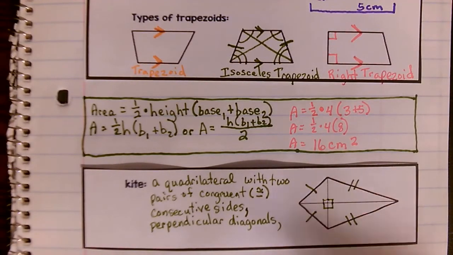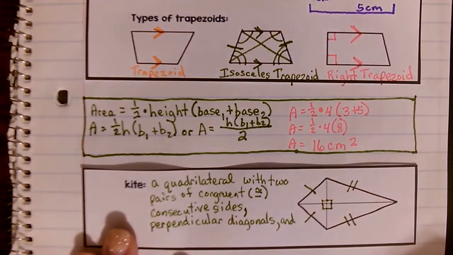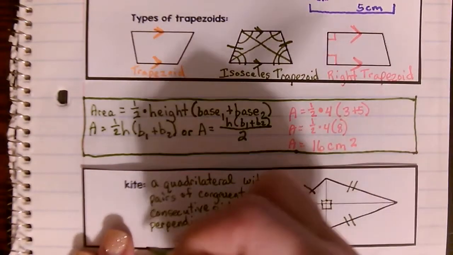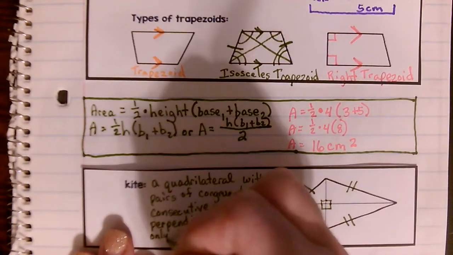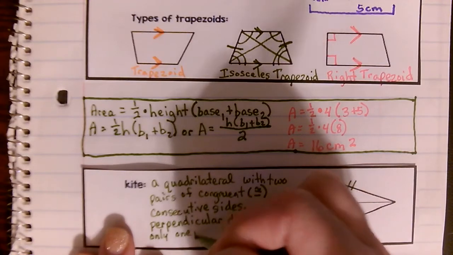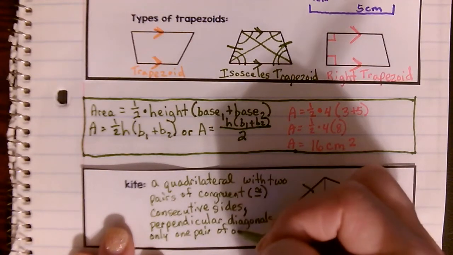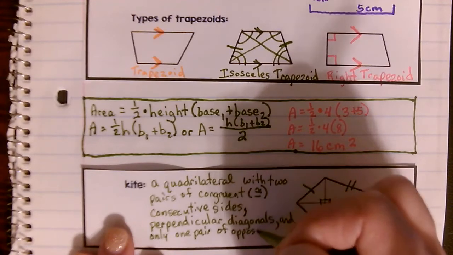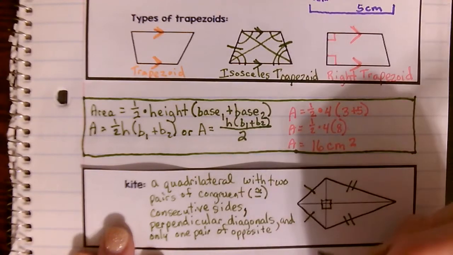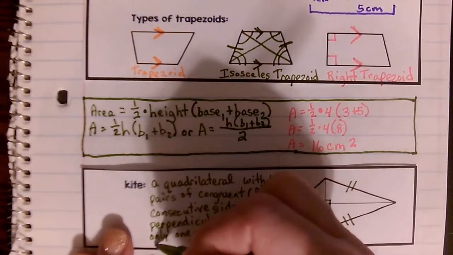And then the last part, and it has and only one pair of opposite angles are congruent.